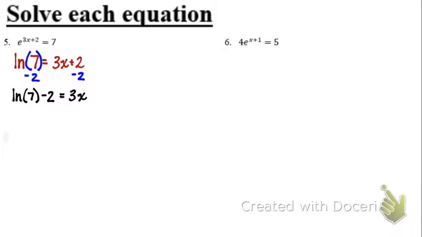What else do I need to do to isolate the x? Divide by 3. If you do not have a calculator on you, please come grab one of my yellow calculators.